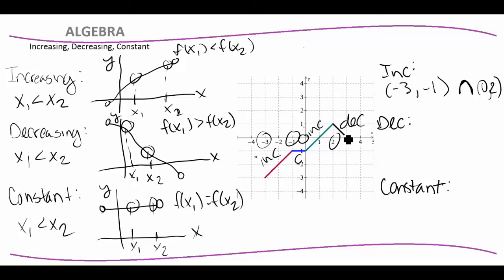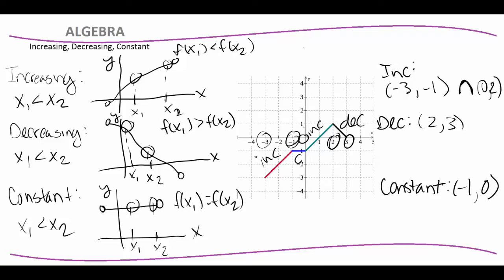And our decreasing is from 2 to 3. And our constant area is from -1 to 0.